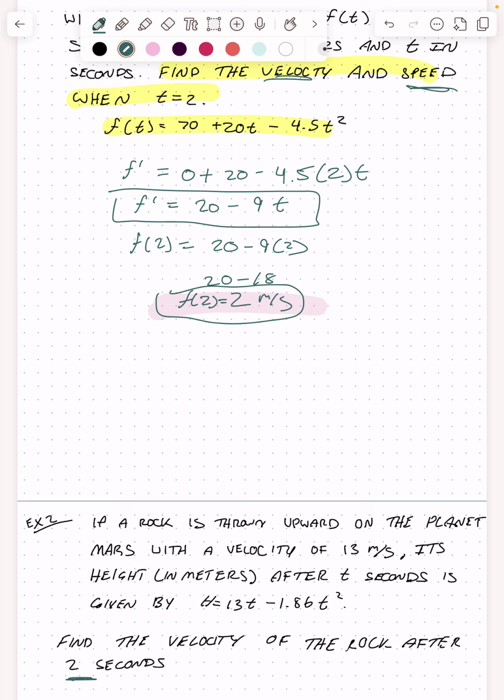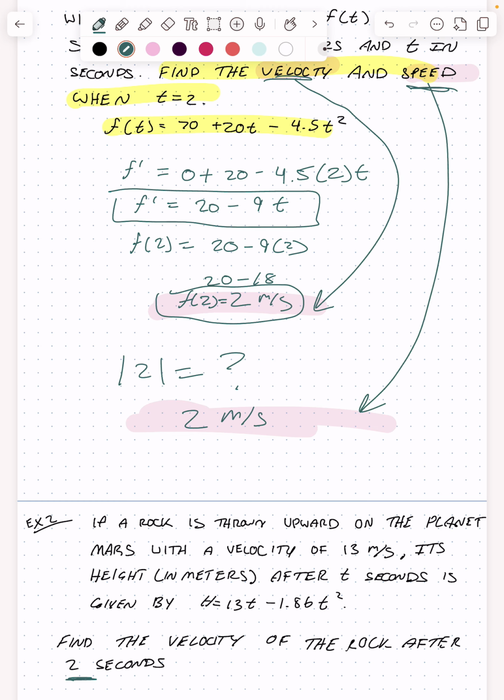So we just literally take the absolute value of 2. What is that? It's literally just 2, right? So it's going to be 2 meters per second. So we have now found both things. We found our velocity, we have found our speed. So remember, that's that, and that is that.